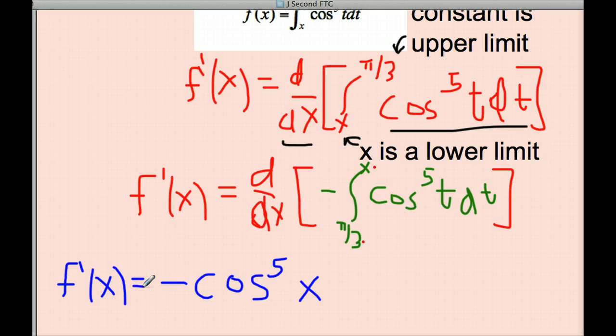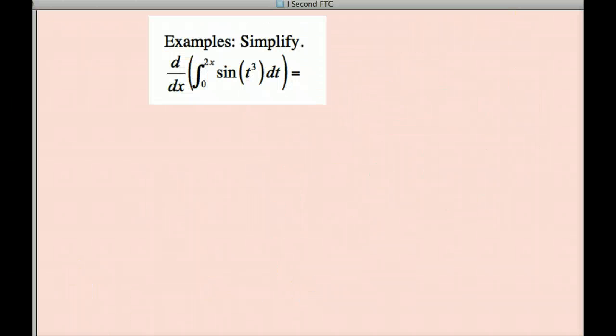So if I can get them to match exactly, and I'm allowed to use different properties we've learned, then I can just plug into what's inside the integral. So let's take a look at how this problem is different. It says simplify, and I want to find the derivative of this function.